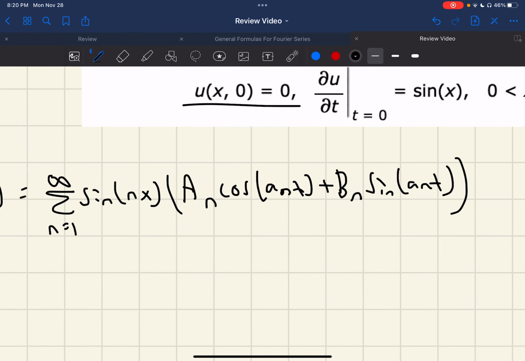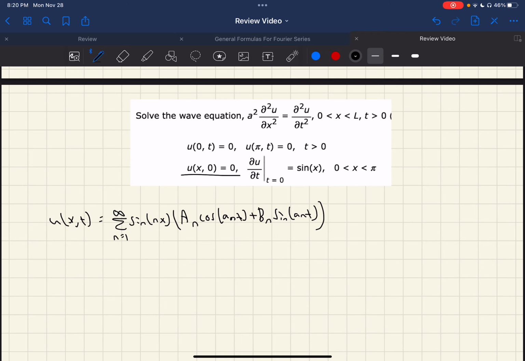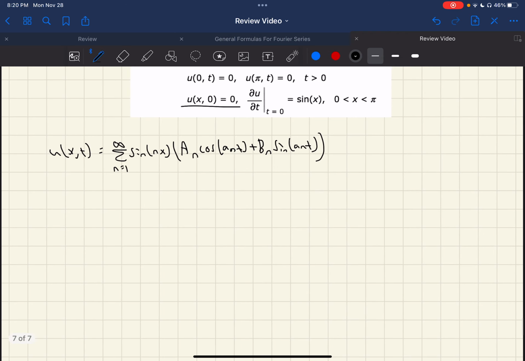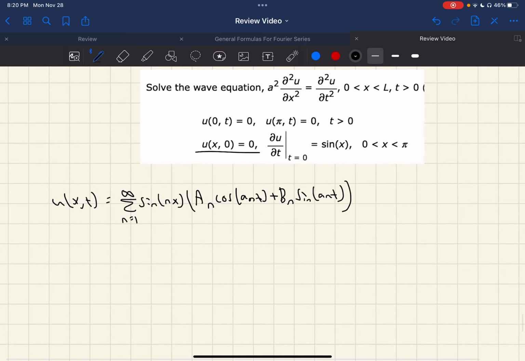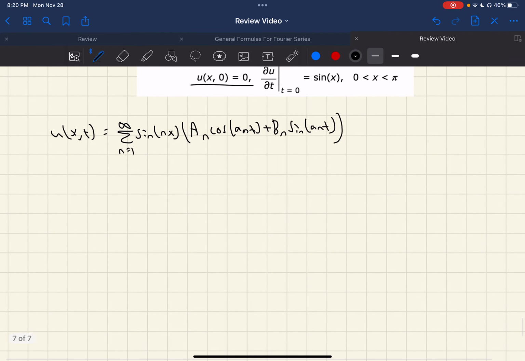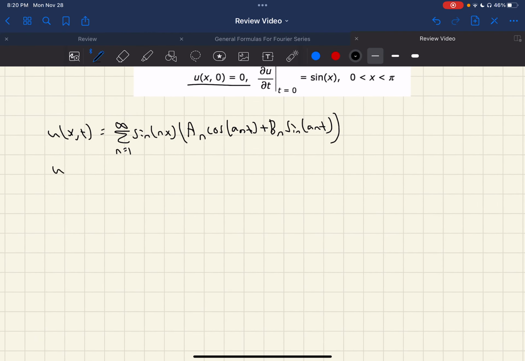Erase that. Okay, so now we've got to find a new set of Fourier coefficients for this question. So we plug in u of x, 0, t is 0. We get a series, sine nx times an equals 0.